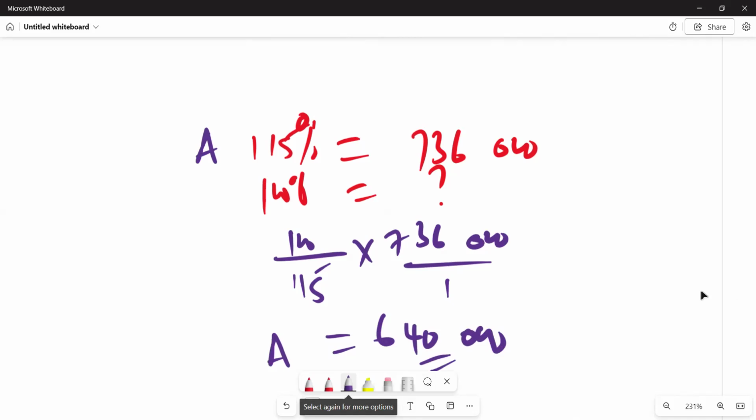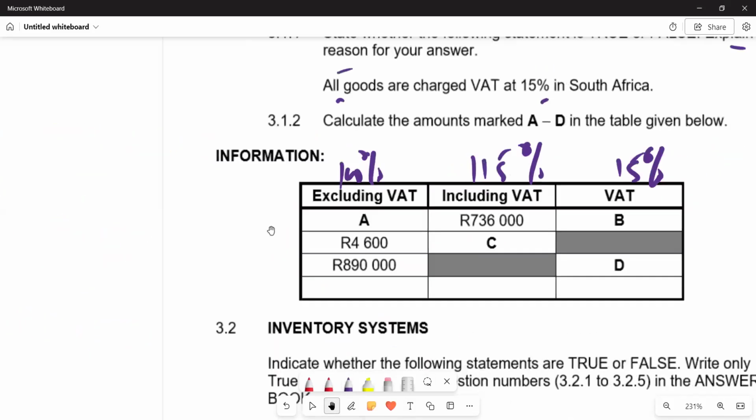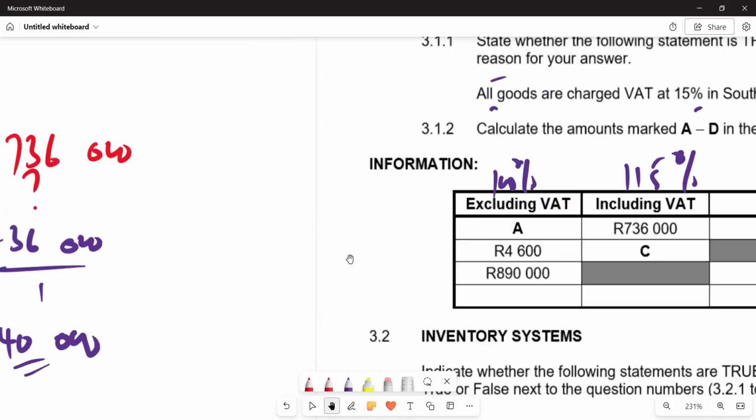Then we move on to B and see how we can find our B. Our B is now VAT. We now have VAT inclusive here and VAT exclusive here. So to get VAT, we are going to say VAT inclusive minus VAT exclusive. We can also use proportion.